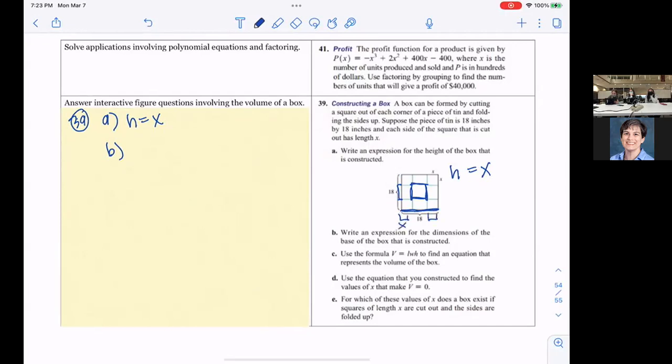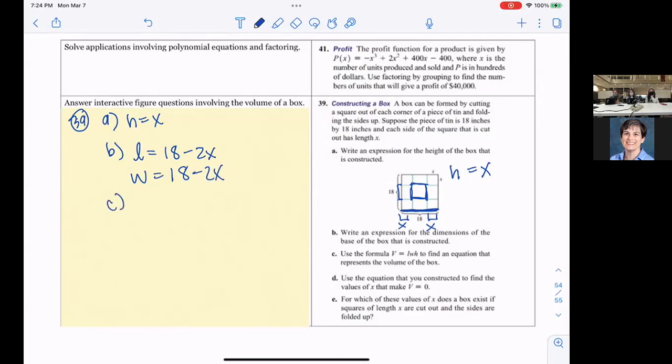So we're gonna call these X. For the length, we're gonna have 18 minus 2X. Does everybody see that? We start with a length of 18 inches and cut off 2 pieces of size X from both sides. And the same for the width: another 18 minus 2X.